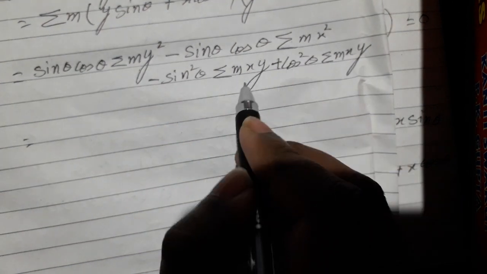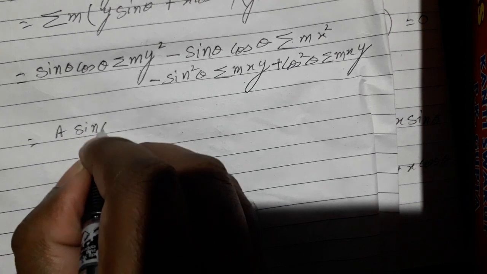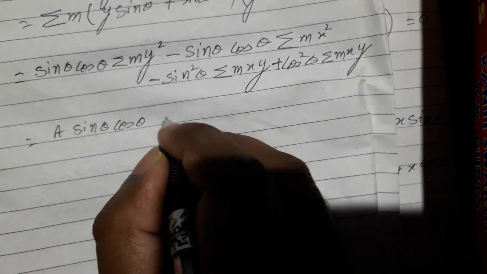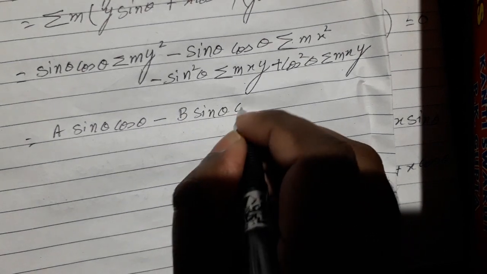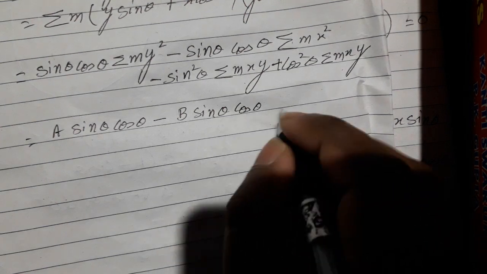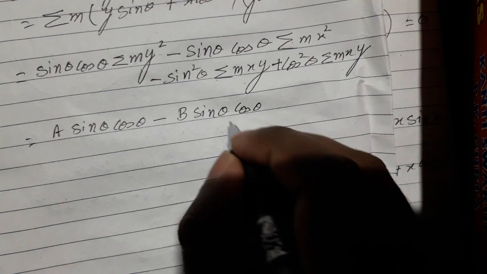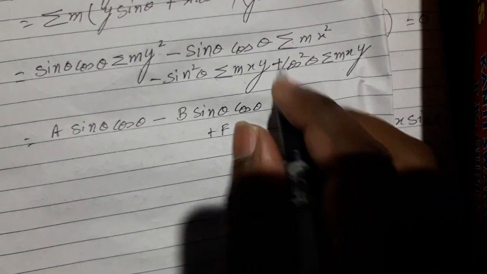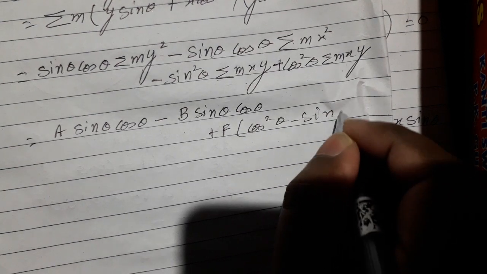So we get it this way. This is A, this is B, this is F, this is F. So we get A sine theta cos theta minus B sine theta cos theta, plus F (cos square theta minus sine square theta).